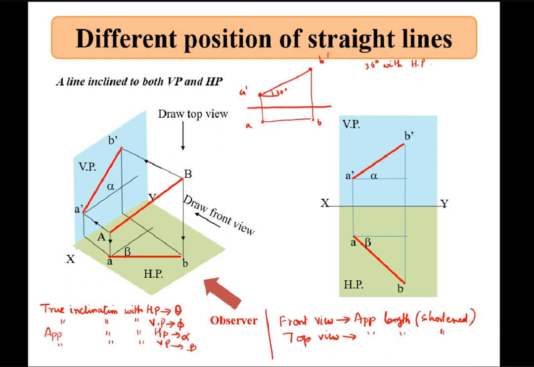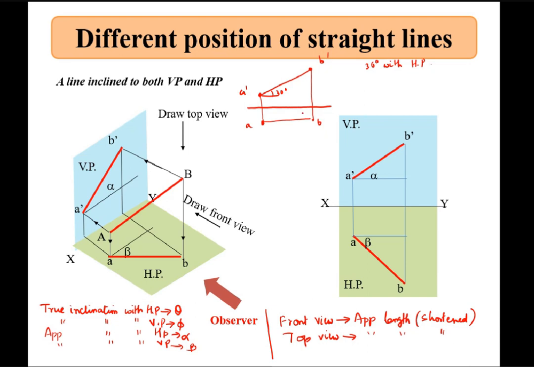Now, if I keep on increasing the inclination, then what will happen? Can you tell me? AB gets shorter. I keep point A fixed and I keep on increasing the inclination. Then what will happen? AB will decrease.